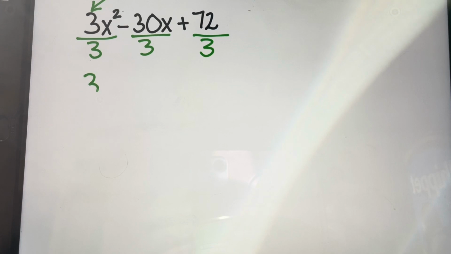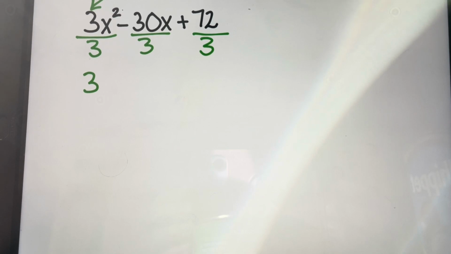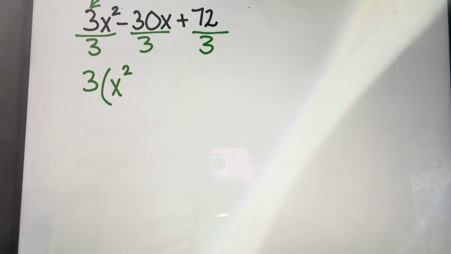is your 3 goes in front of the brackets because it's your greatest common factor. And then you would still have x squared in the first term. You're still going to have minus, but now it's 10x in the middle.